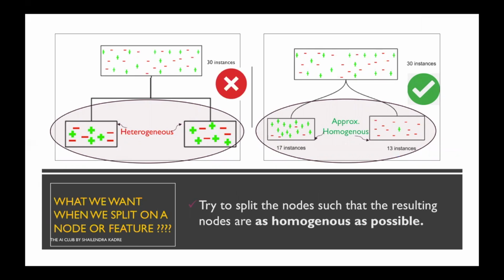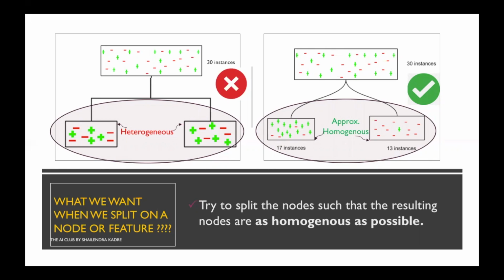It should be well understood, but just to repeat the things, on the left side, we tried splitting the data set, and in both the boxes there are equal numbers of plus and minuses. So it is a kind of heterogeneous data set where we are getting both the classes in equal numbers.